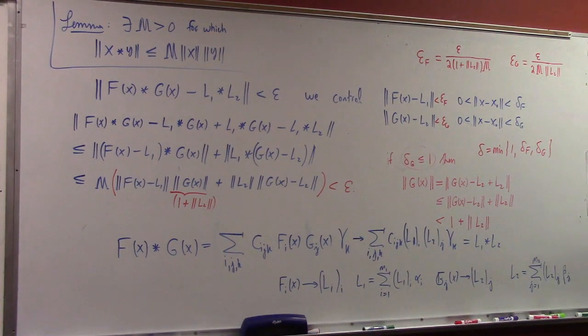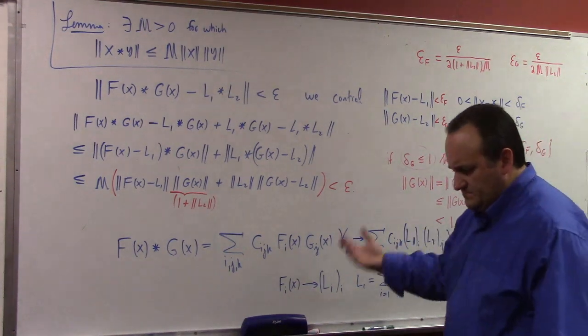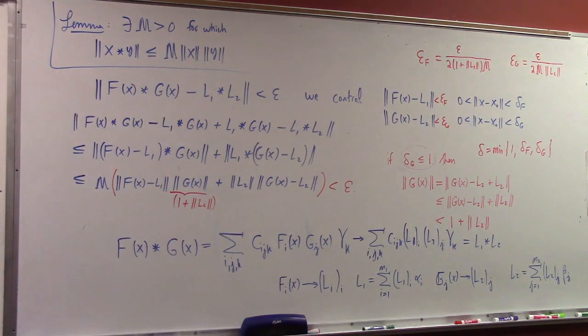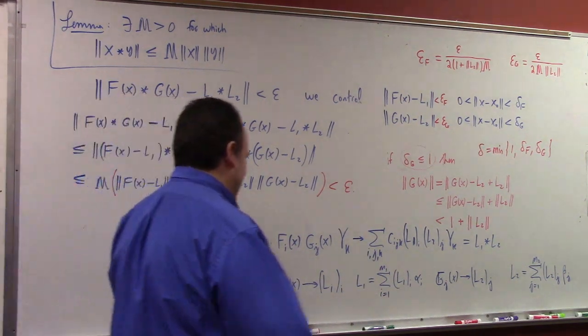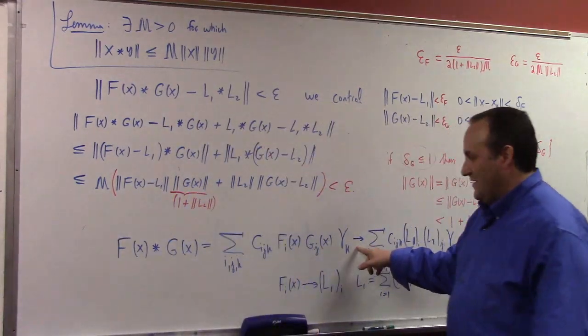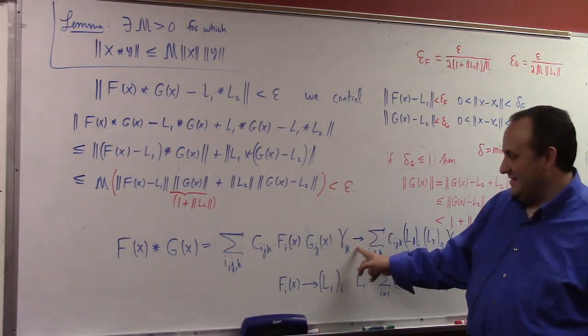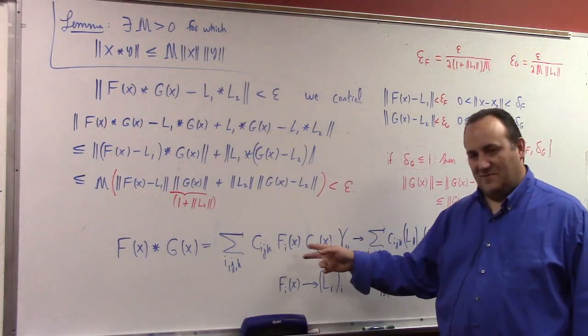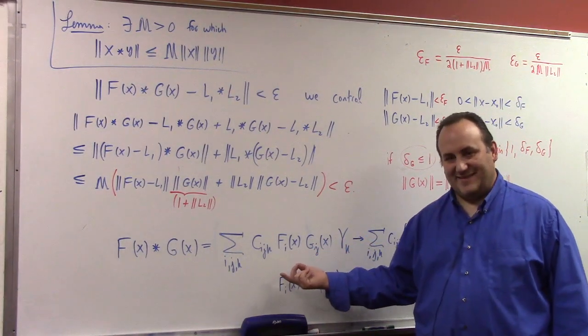And the arrow in the middle, what am I using? That's where the rubber meets the road right there. Right here, I need the limit of the product is the product of the limits for real valued functions of a vector space.